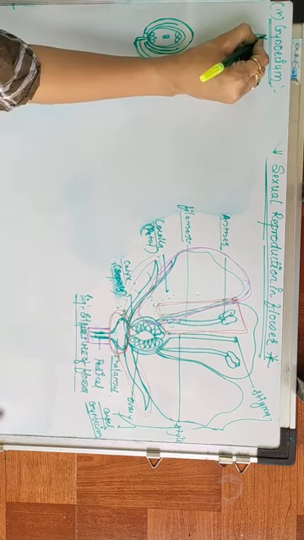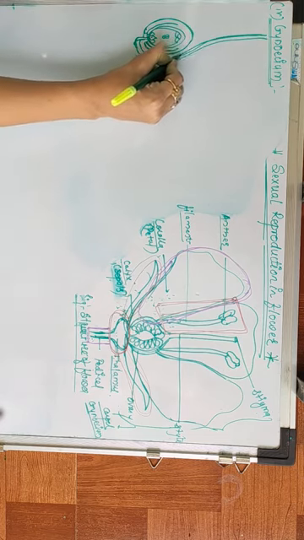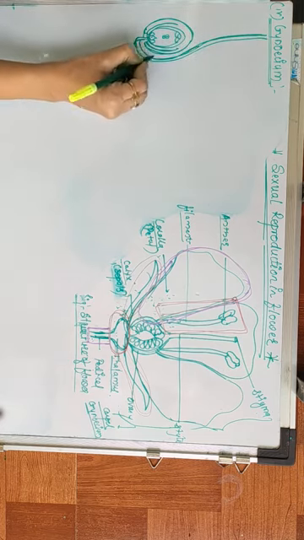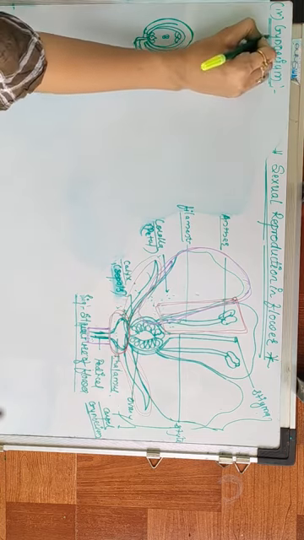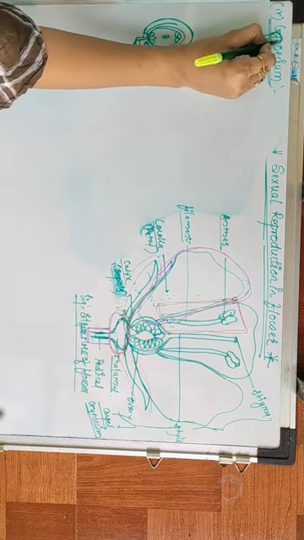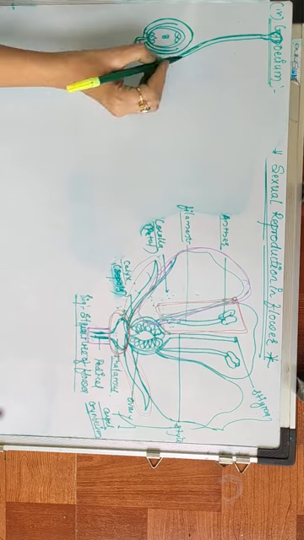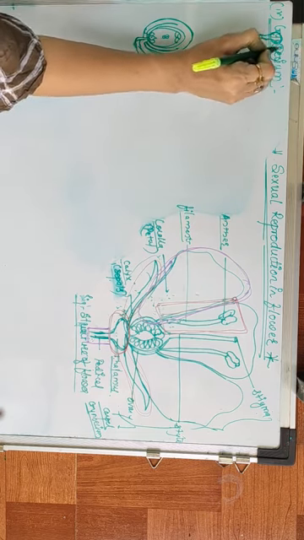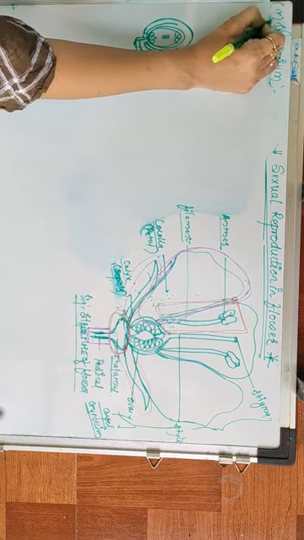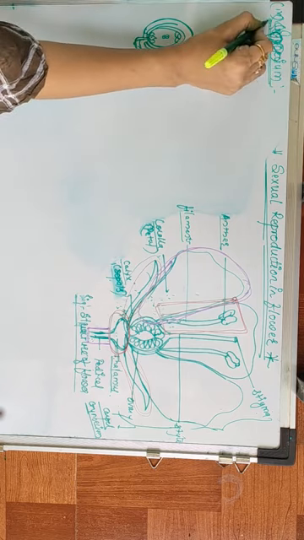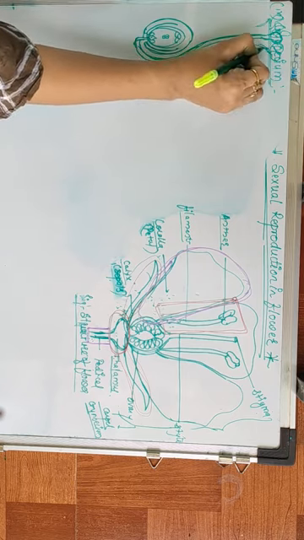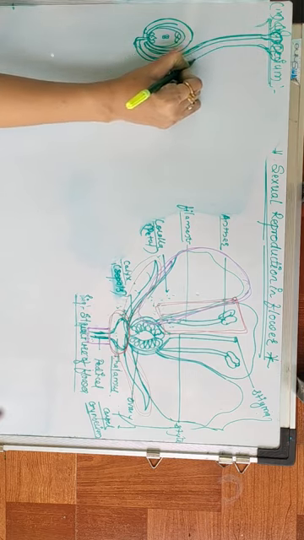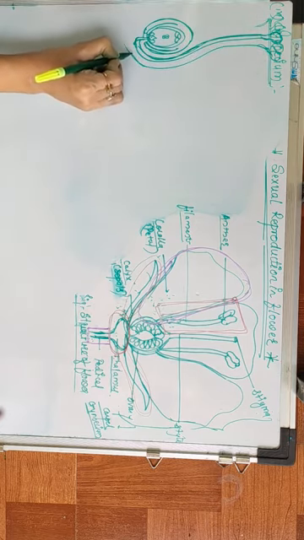Okay, that is called the pollen tube. Fine. And this is the pollen grain. Now there are so many pollen grains.